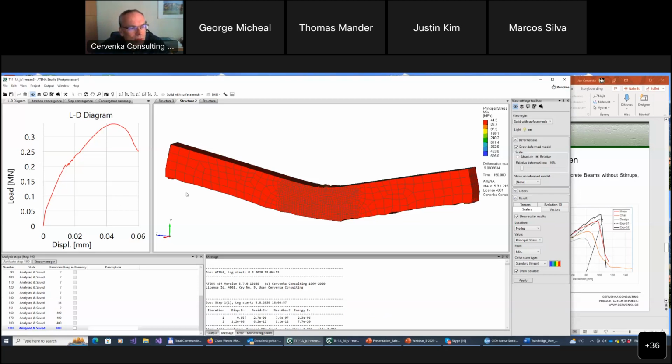Typically, I recommend that every time you run an ATENA analysis, always define some monitors, and these monitors are usually good to show during the analysis.